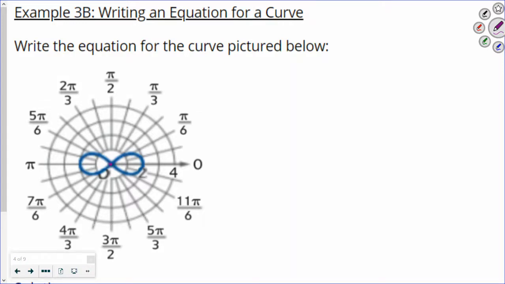Our graph has a distance of, here's one circle or one ring, and there's two rings. So our distance here is 2.